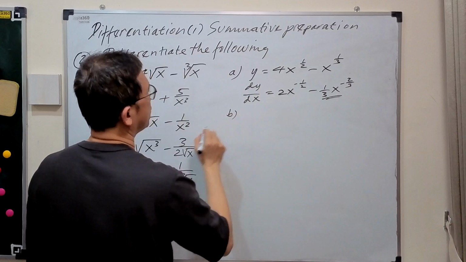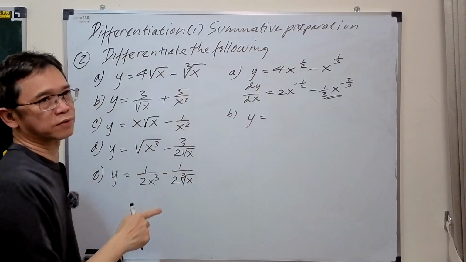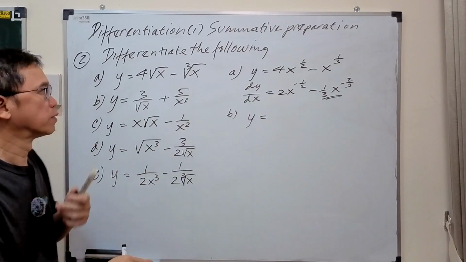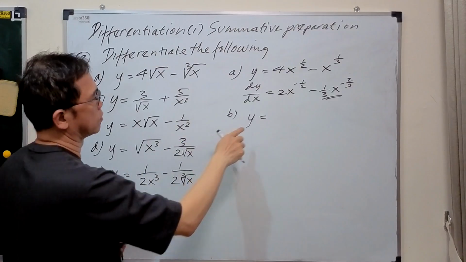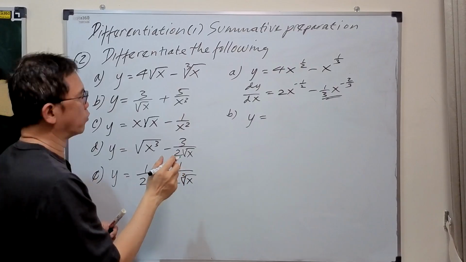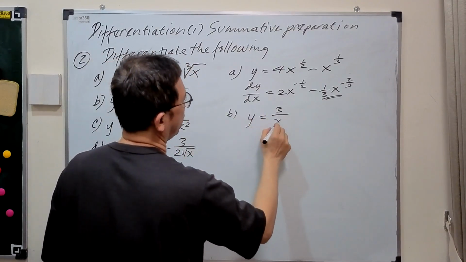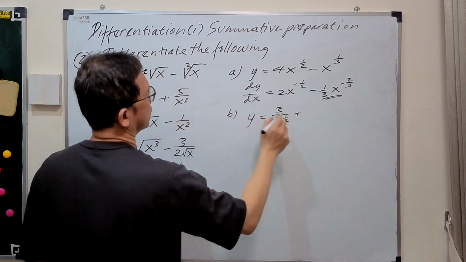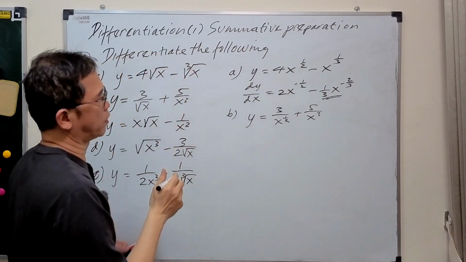And for B, you got to express this in the form that is ready to be differentiated. So okay, I'll do it slowly. Root x is x to the power of half. And then I write still 5/x cubed.